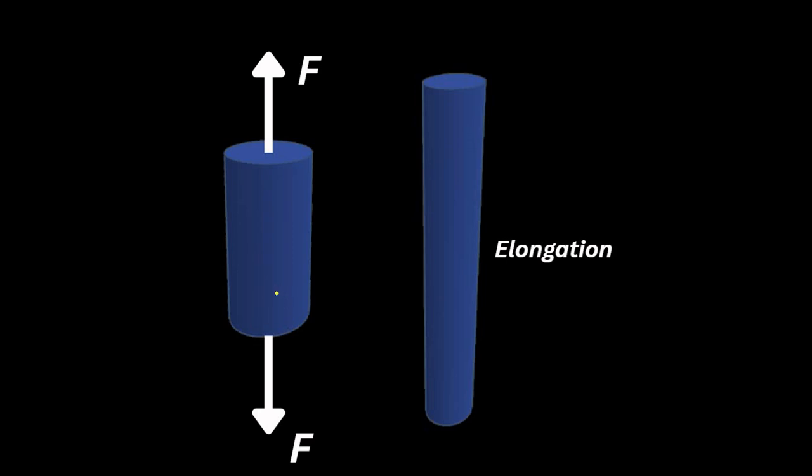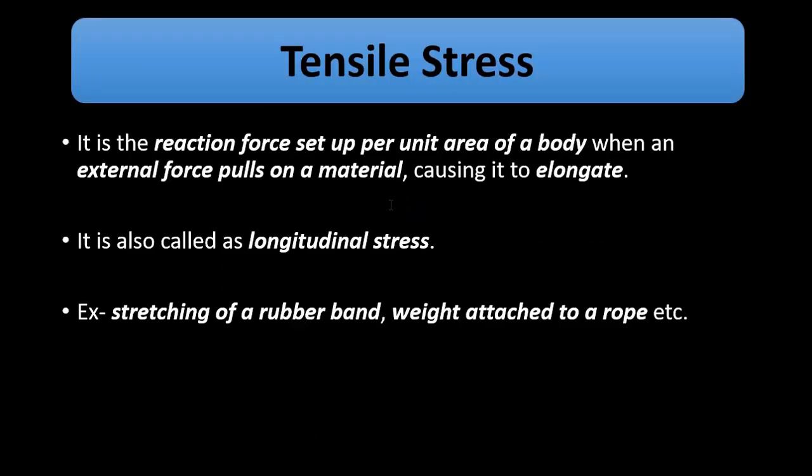So the reaction force which is set up in response to this is called the tensile stress. It tries to restore it to its original length, and the externally applied force causes elongation. That's why it is called longitudinal stress.